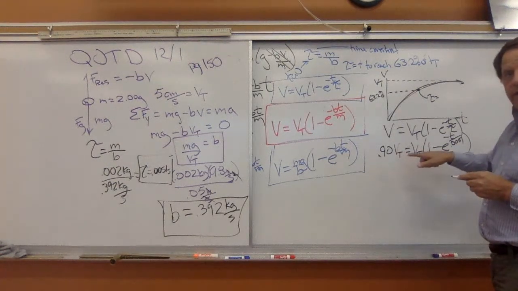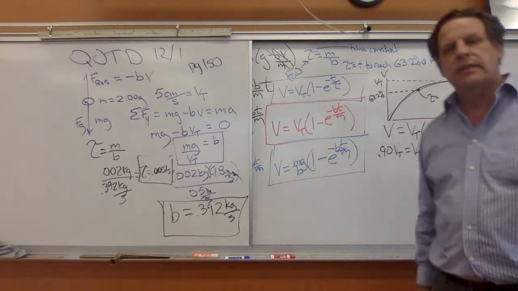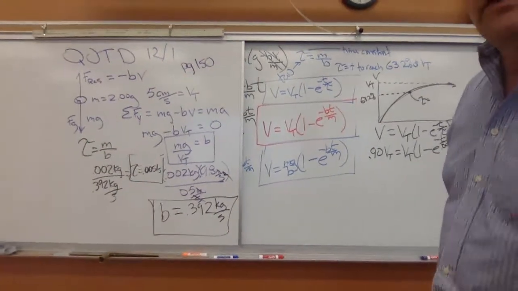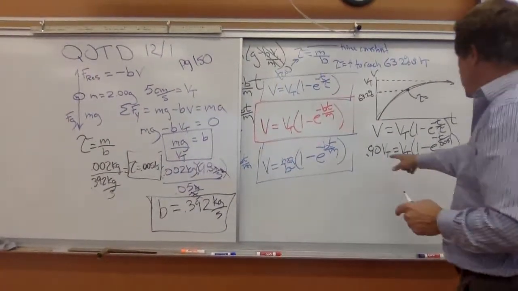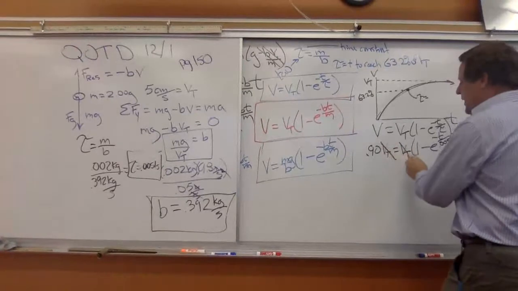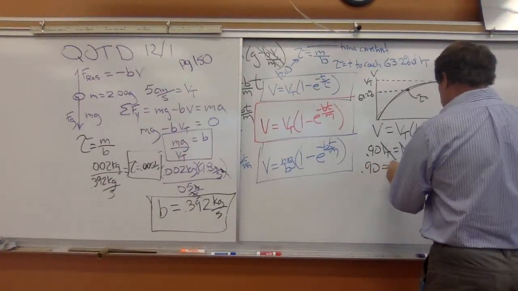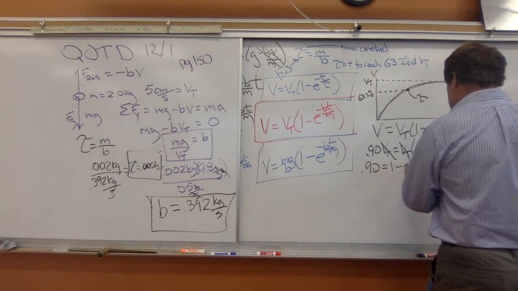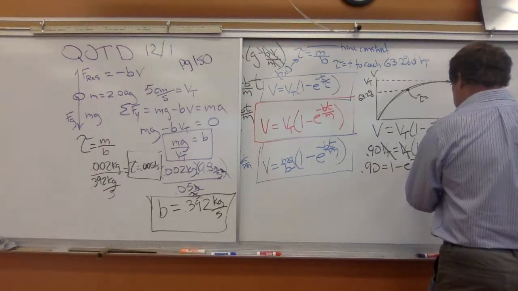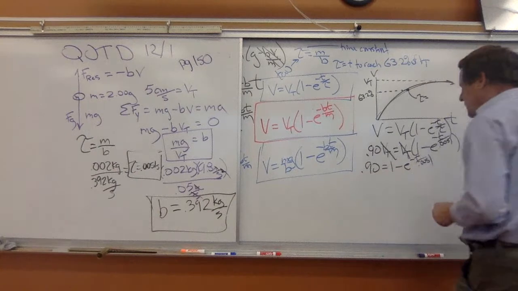Okay, now, sorry about that. So we know that Vt and Vt are going to cancel each other out. So we're going to end up with 0.9 is equal to 1 minus e to the negative t over 0.0051.